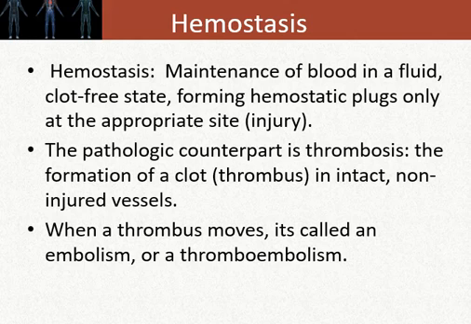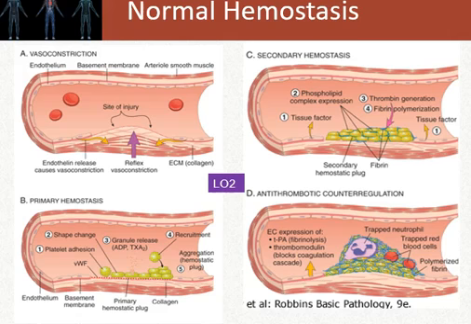And essentially what happens is that there has to be some type of inflammatory event that essentially produces these clots. In some cases, this inflammatory event is obviously normal, but in some cases it becomes pathological.